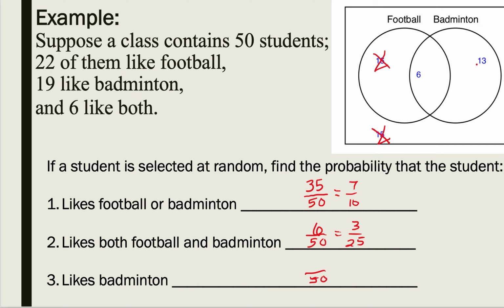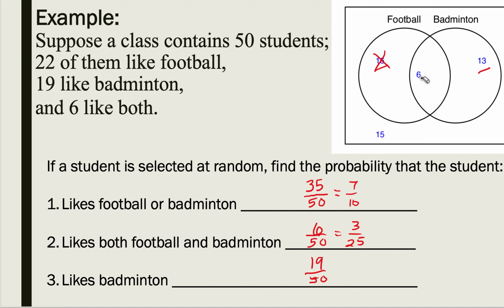These people, do you like badminton? They would say yes. These people also like badminton. They're in the badminton circle. Now, they also like football, but the only thing we're looking at is, do you like badminton? So those 6 and that 13, add it together, we're going to have 19 out of 50, and I don't think that one reduces.